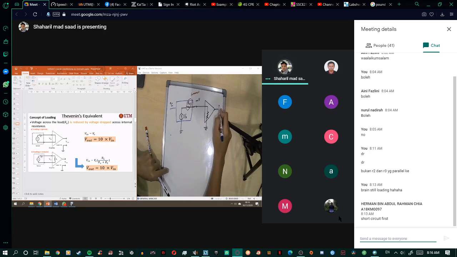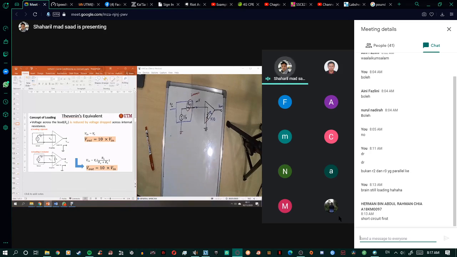Let's say this signal conditioning has a gain, for example, times 10. And then the load resistance, we call it RL. This one we call loading.